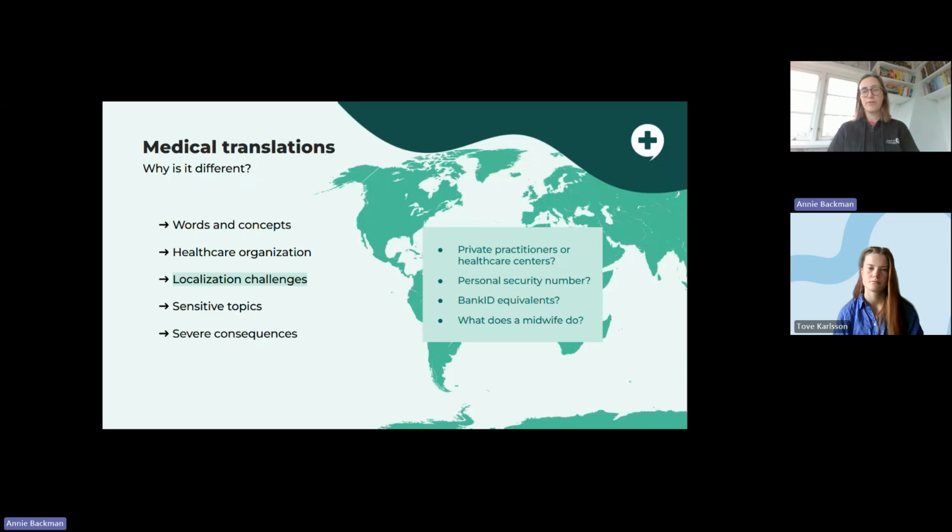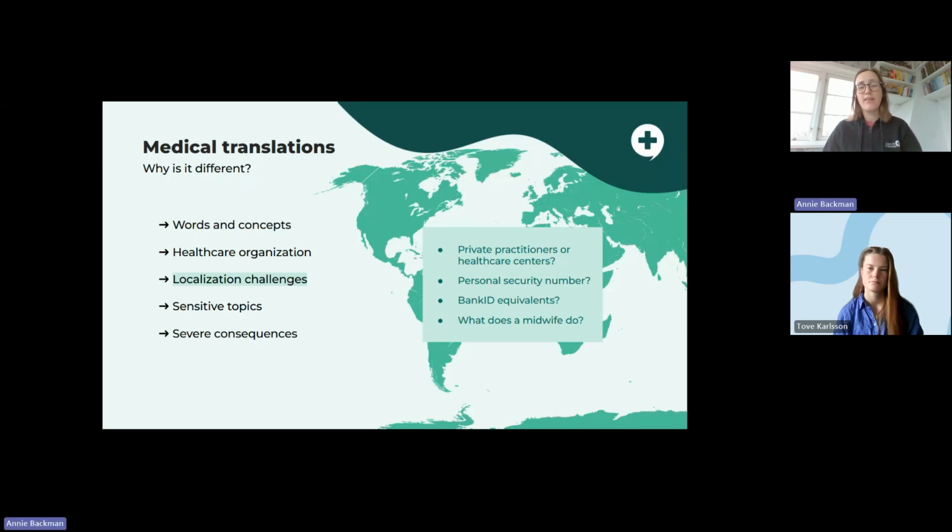So if we translate from Swedish to English, it could be for readers within Sweden who don't speak Swedish. But it could also be for the Britain market or the American market or the world market. And this is a challenge for the translator.